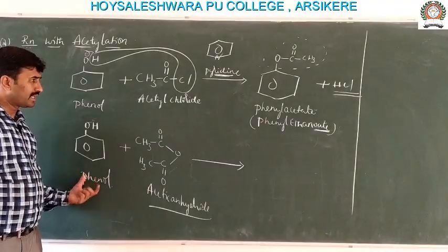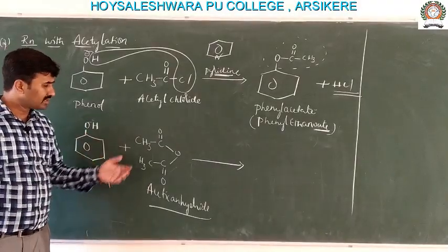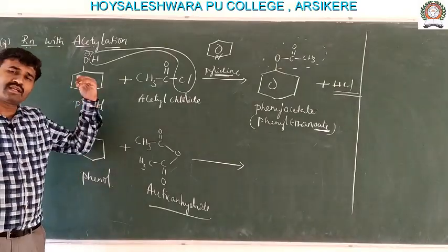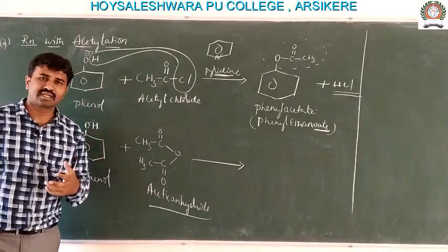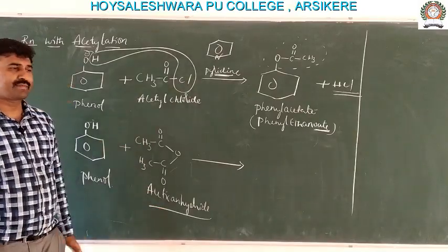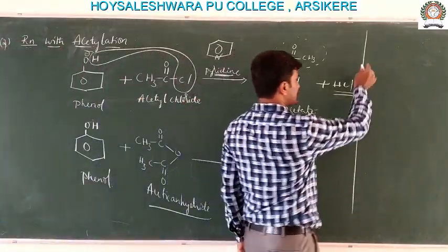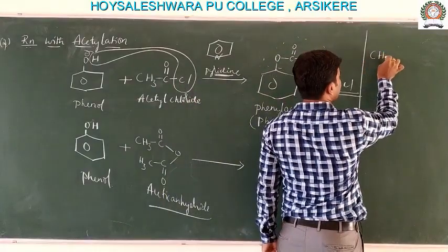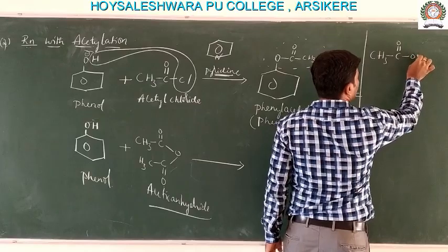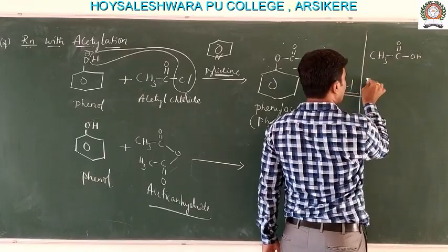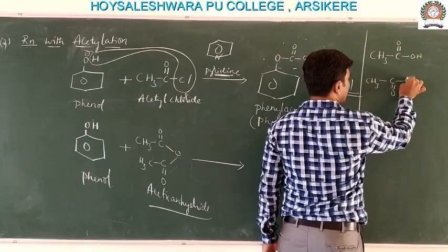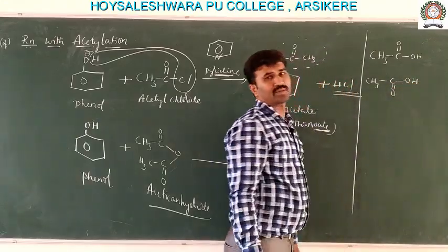See, the next acetylating reagent is acetic anhydride. Acetyl chloride can also be used and acetic anhydride can also be used. Okay, let us see how these anhydrides can be obtained. See, we will take acetic acid, CH3C double bond O, OH, this is one molecule, CH3C double bond O, OH, this is another molecule.